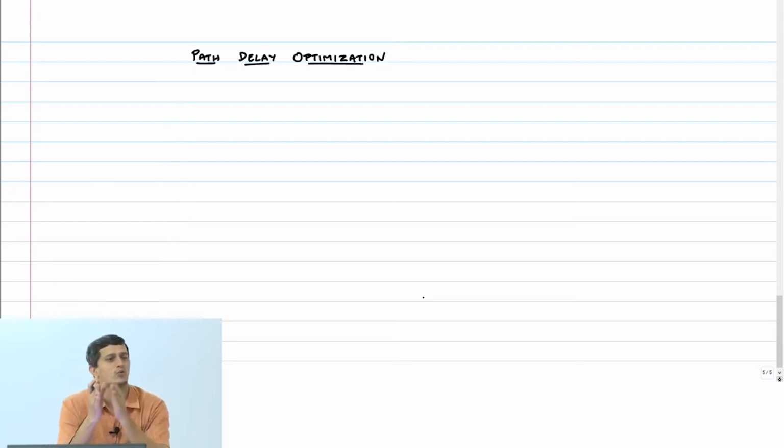I said this was 1x, that was 2x, 4x and so on, and said calculate the delay. Now I am going to reverse the problem. I am going to tell you that there is a circuit that is sitting between an input node and an output node. I know the capacitance at the output node. I want you to find the sizes so that the delay between these two points will be minimum.